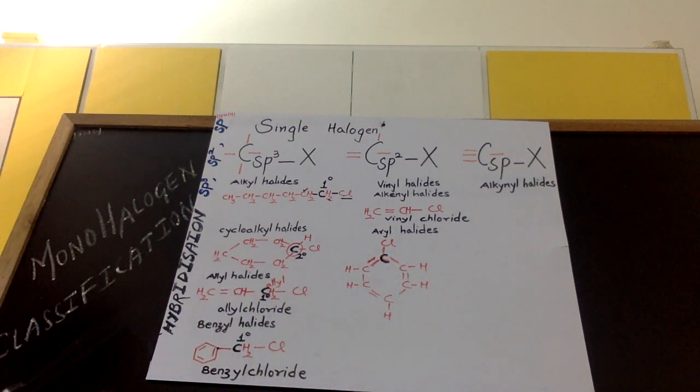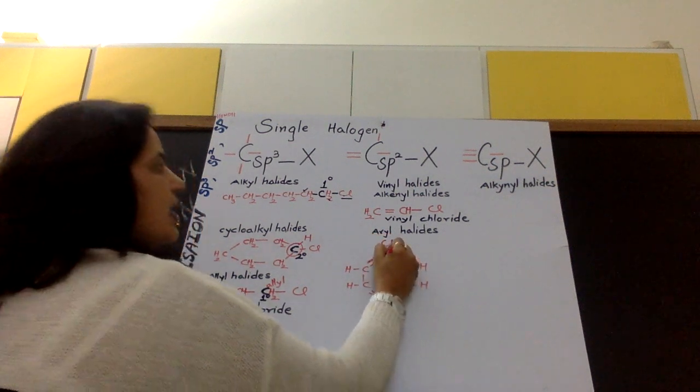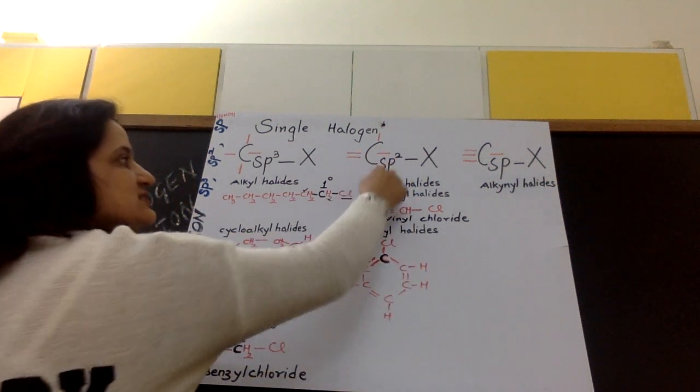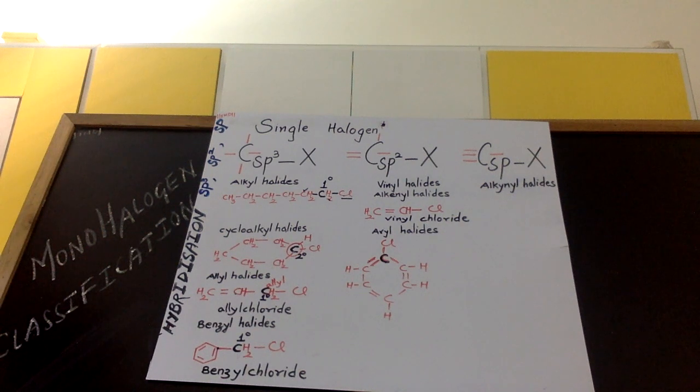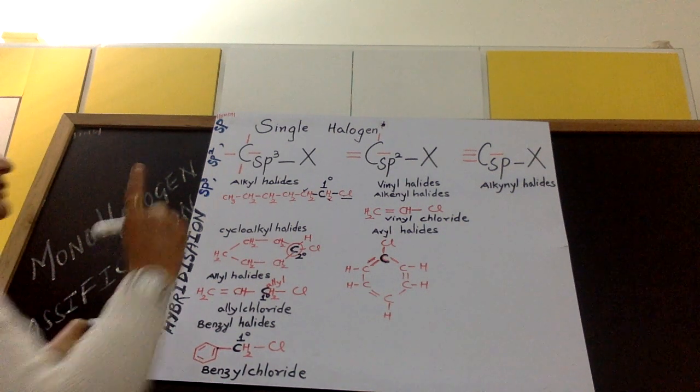So this is an sp2 type of carbon. So aryl halides are also CsP2X type.